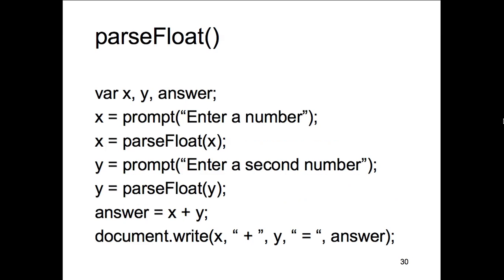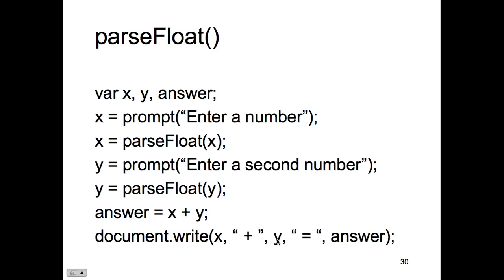So here's some examples. We have variables x and y, and then we have an answer. x is going to be prompt, enter number, and x is going to be equal to parseFloat x. And then y is going to be enter a second number, parseFloat y. And then the answer is going to be equal to x plus y. And then we can print out document.write x, comma, plus, comma, because we want this to come in as a string, y, equals, answer.